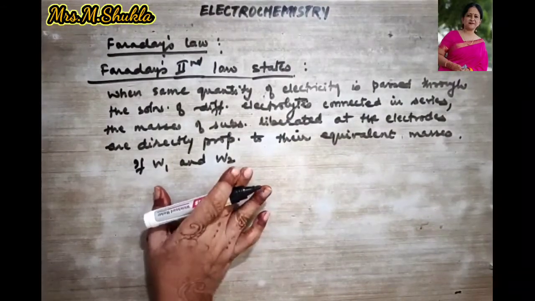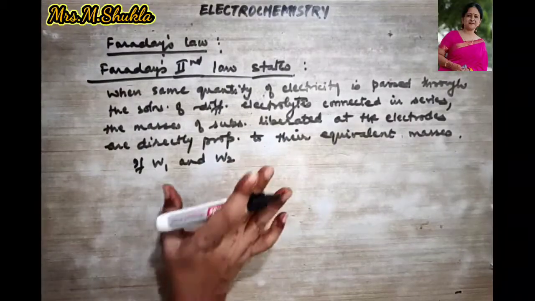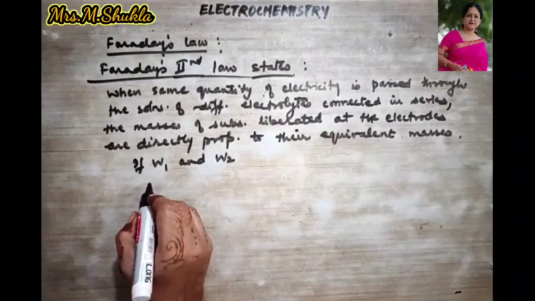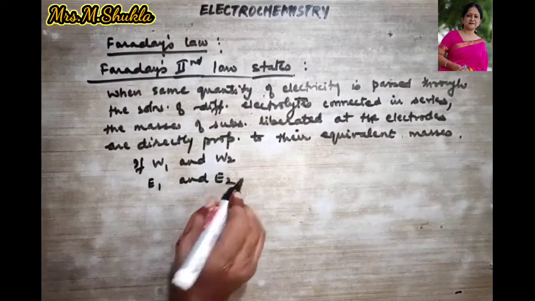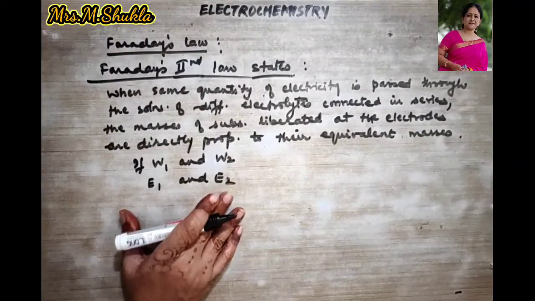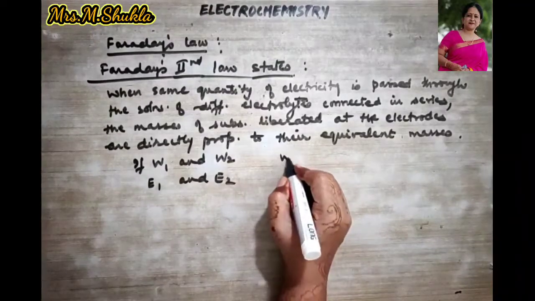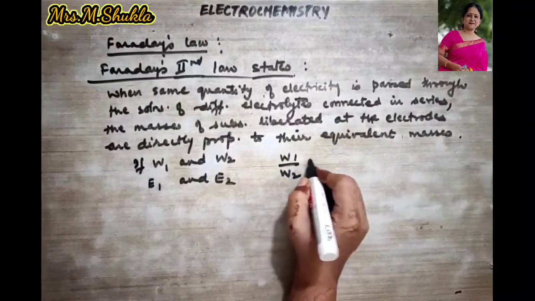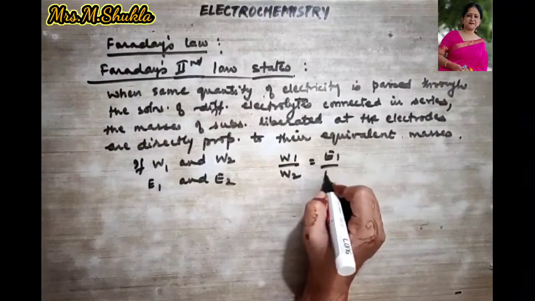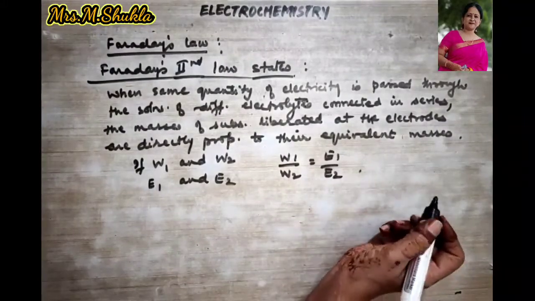So suppose W1 and W2, these are the masses of the substances that are going to be liberated by passing the same quantity of electricity, right? And your E1 and E2, they are the equivalent masses respectively. Then what do we know? W1 upon W2 is equal to E1 upon E2, right?